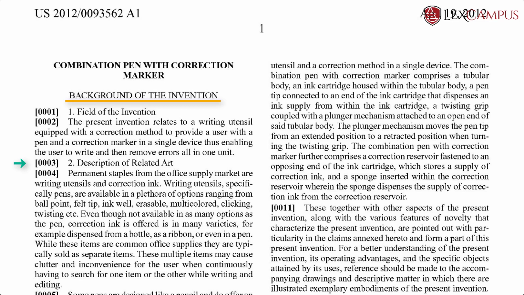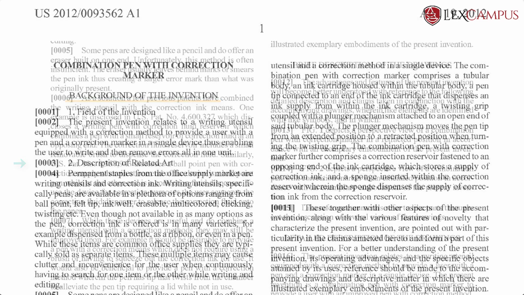The description of prior art could be general statements, as you can find here, or it could be specific statements like referring to an earlier patent or a patent number or to a scientific article or a research publication. So, the description of the related art could be through reference, or it could also be in a general way as it is described here.